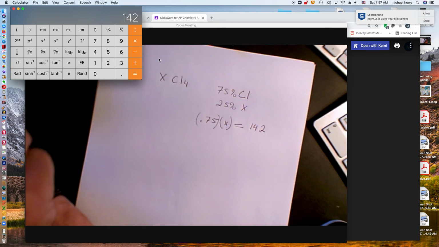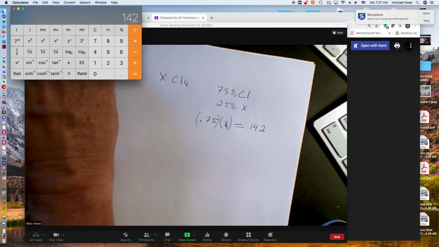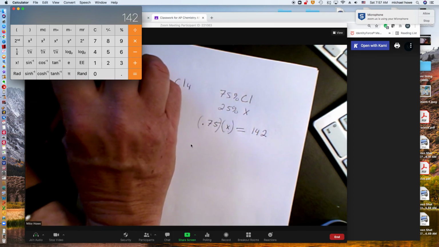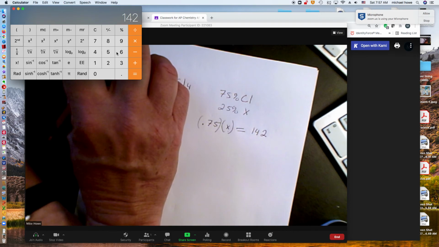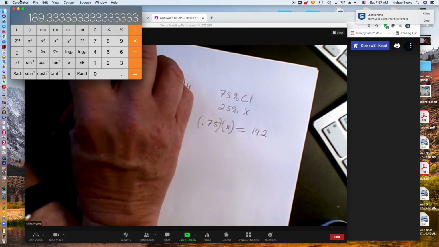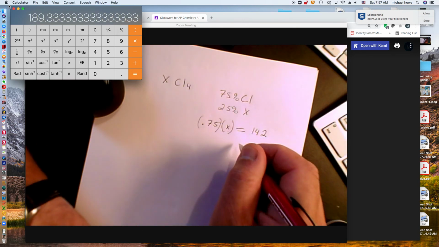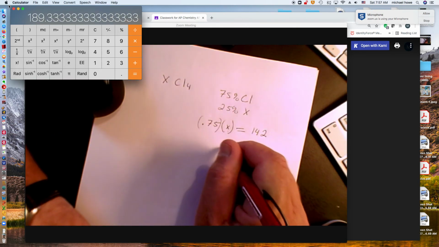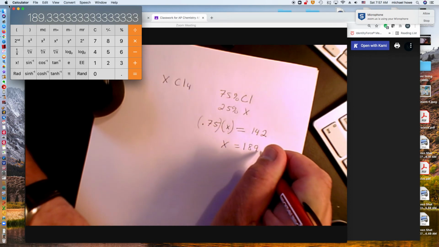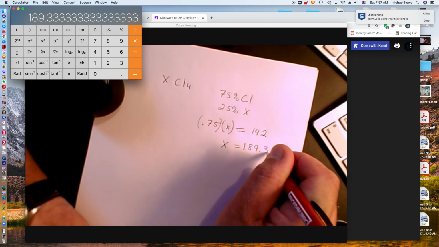If you do that math, 142 divided by 0.75, you get 189.3. So the total mass of 1 mole of this compound would be 189.3.